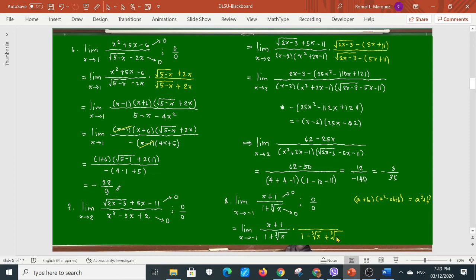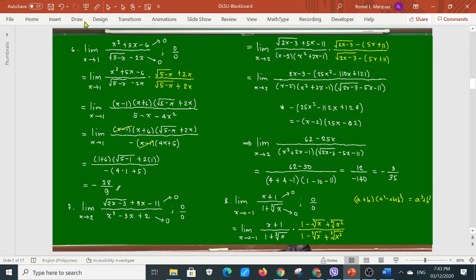That is the product of ab. Then plus b squared, the square of the cube root of x, meaning the cube root of x squared. That is also what you're going to multiply in the numerator: 1 minus cube root of x plus cube root of x squared. Okay, guys? So that will guarantee the elimination of this radical.